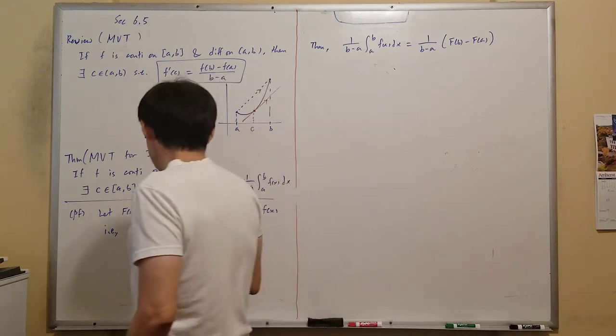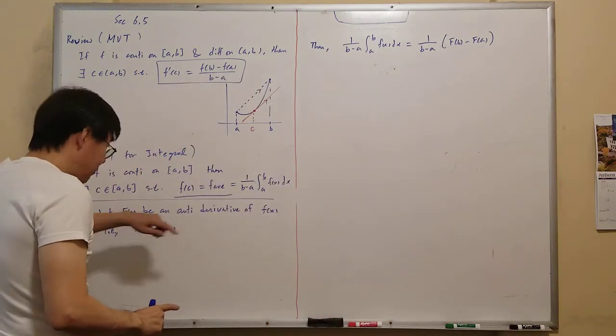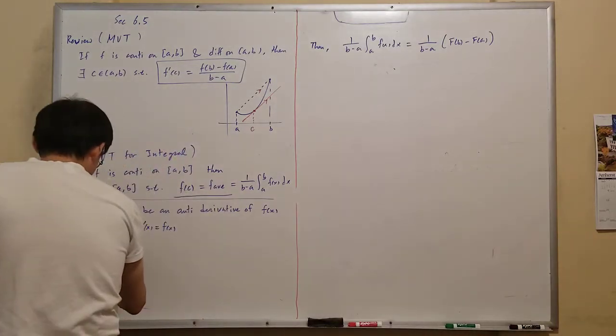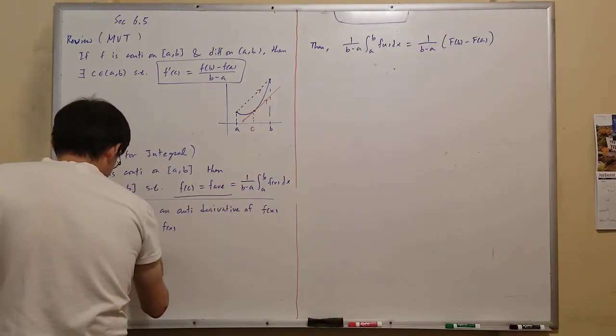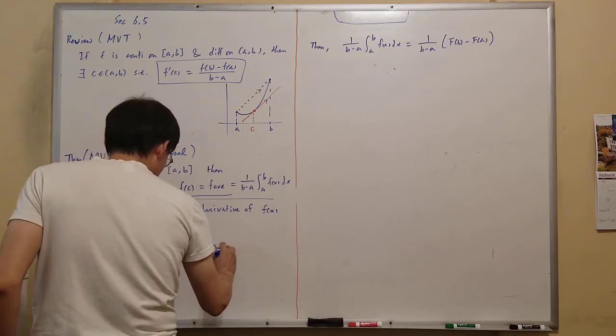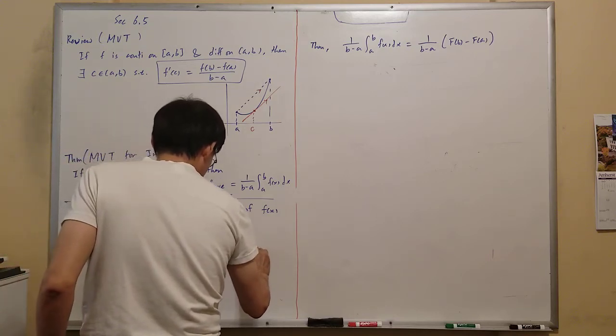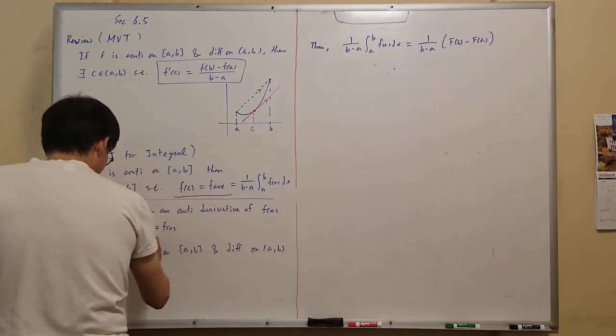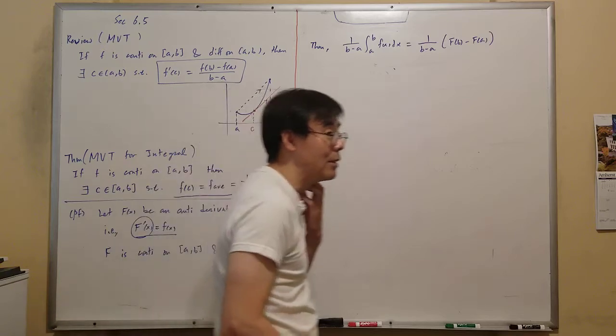Now, capital F is an antiderivative of this. That means capital F is continuous on a to b and differentiable on a to b. Why? Because by definition it's differentiable.